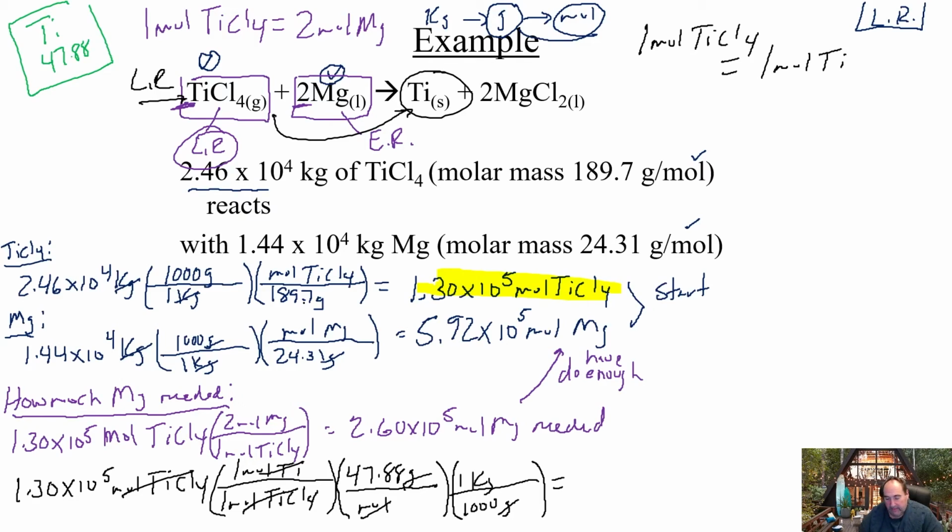We're going to divide by 1,000. Gonna give us 6.22 times 10 to the 3 kilograms here of our product, which is Ti, would be our theoretical yield.